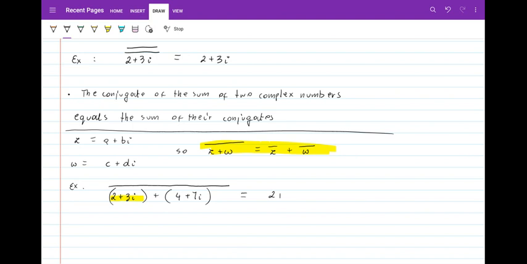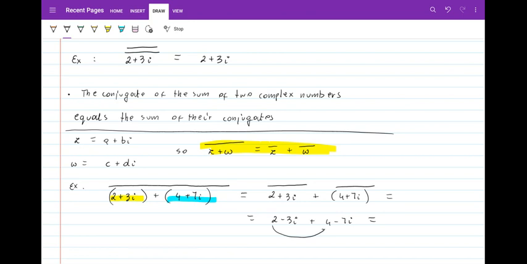So you can break it down that way, find the conjugate of the first complex number, plus w, the second complex number, which is 4 plus 7i, and find its conjugate and then add the solutions together. So we're getting 2 minus 3i plus 4 minus 7i. And now I'm just going to find the sum of those two conjugates.